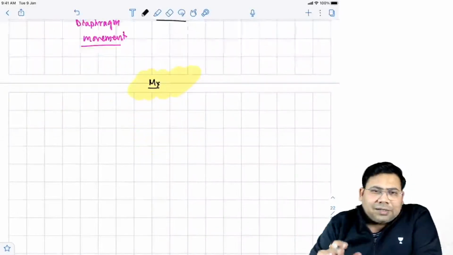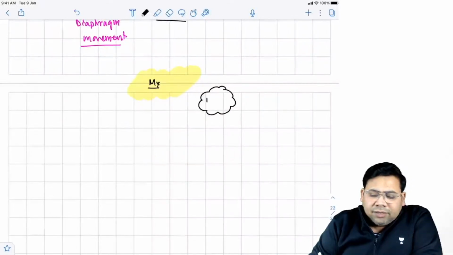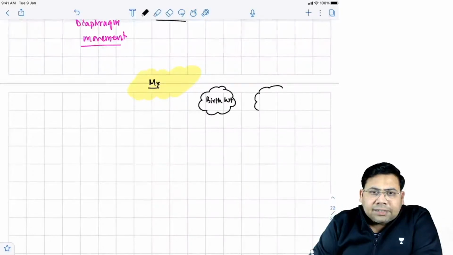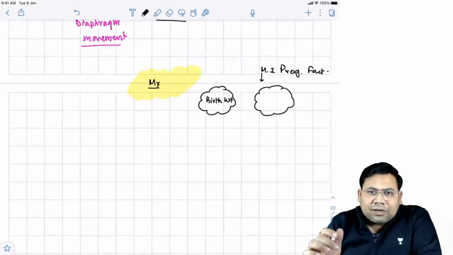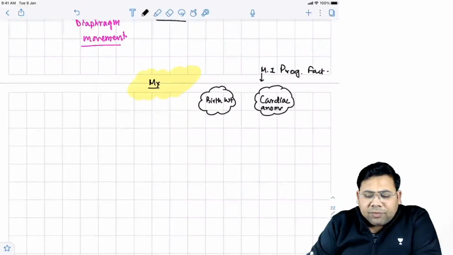But when you are considering the management, what are the two most important things? One is birth weight, and second is cardiac anomaly. In fact, the most important prognostic factor is your cardiac anomaly. So presence or absence of cardiac anomaly will change a lot of things.